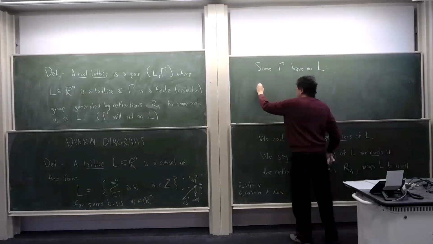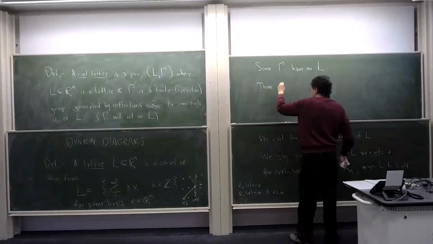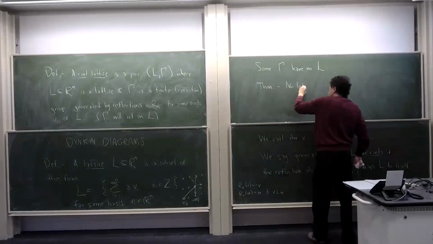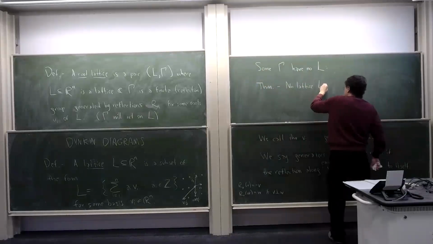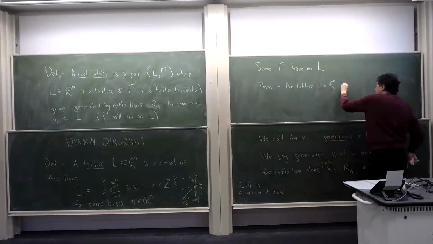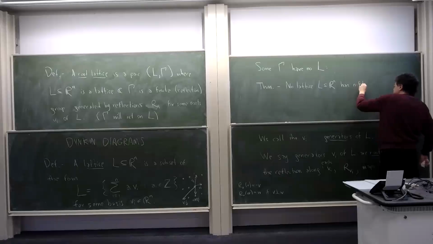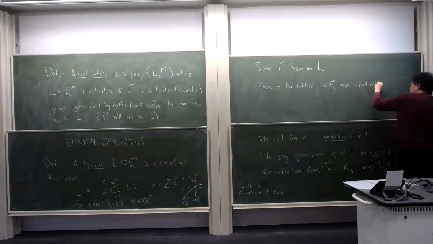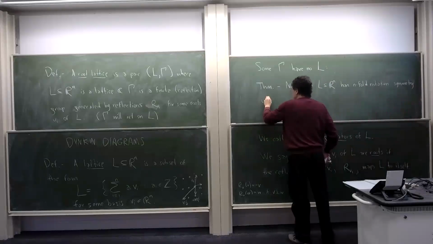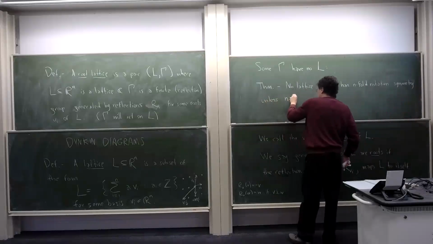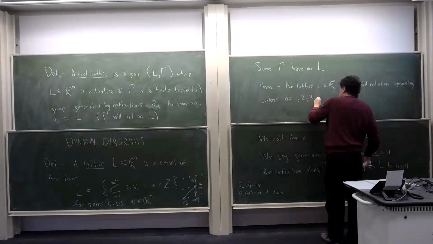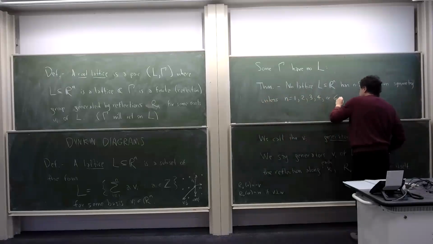Here's a theorem that shows you what goes wrong. No lattice in any Rn has n-fold rotation symmetry, rotations in some hyperplane, I should say, unless n is 1, 2, 3, 4, or 6.